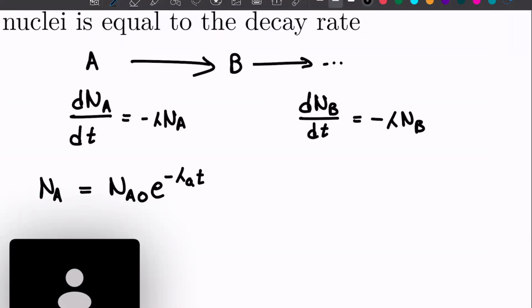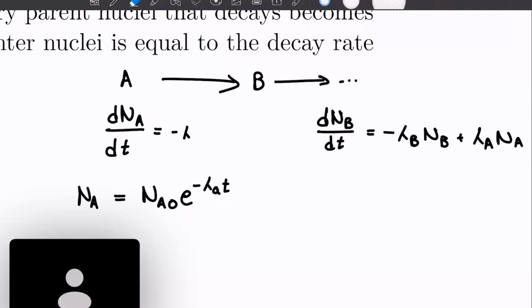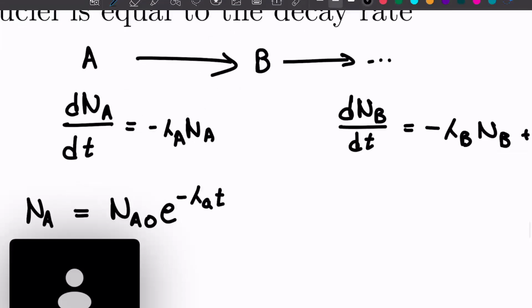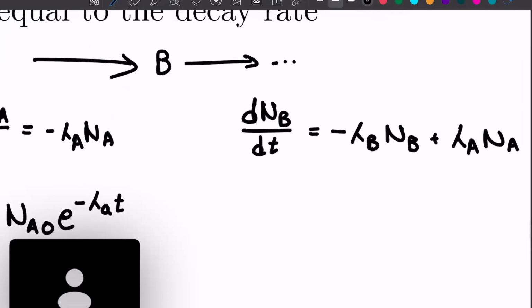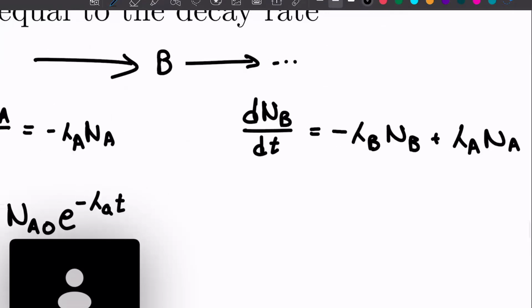But since every time A decays, it becomes B, we have to write this. Not sure if you're familiar with the term activity, but this would be termed the activity of A. The rate of decay of A is equal to the generation of B, because each A decays into B. That should be common sense.